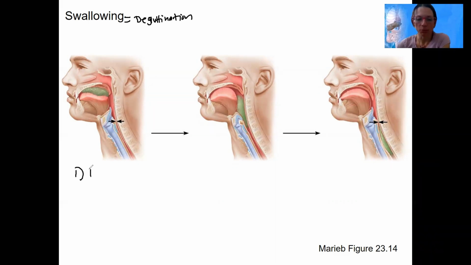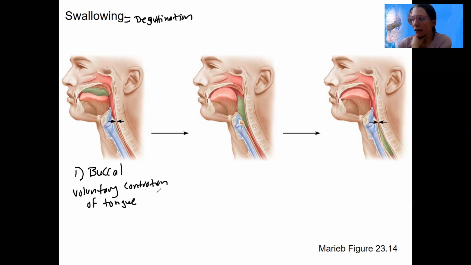So step one is our buccal phase. Buccal refers to mouth. This is voluntary, mostly contraction of the tongue. So swallow right now, do it. You can feel your tongue kind of push back, pushing that food, that bolus, back against the hard palate and forcing that food into the oropharynx.